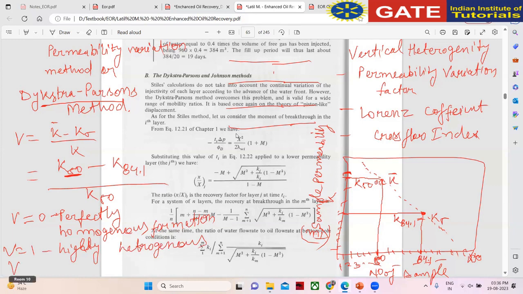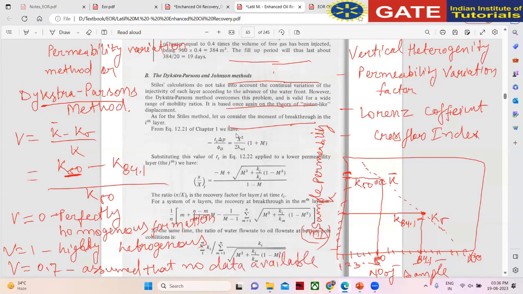And the value is 0.7, so assume that when no data is available. Got it?